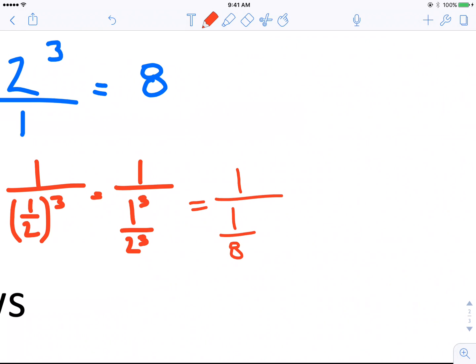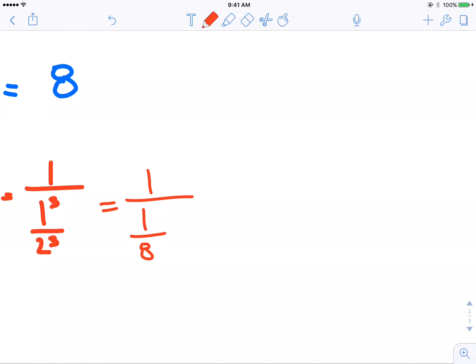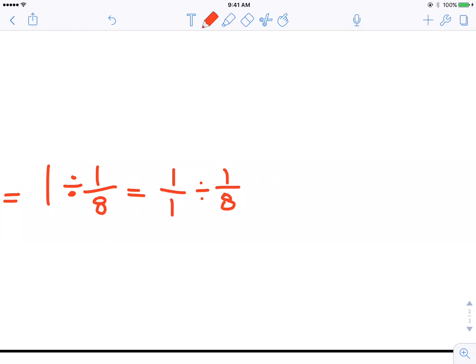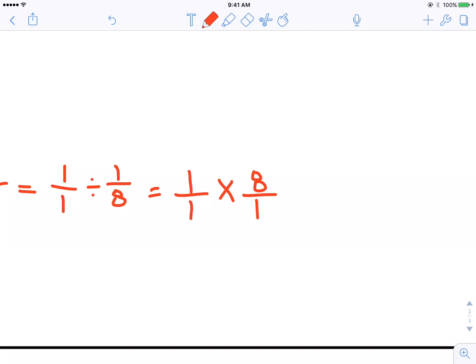Well, I can't have fractions in fractions because that just looks ugly. What does that actually mean though? It means 1 divided by 1 over 8, which is 1 over 1 divided by 1 over 8. And if you remember your rules for dividing fractions, you have to change it to multiplication. So this is multiplication, and I have to flip the second fraction, multiply by the reciprocal, which is 8 over 1.